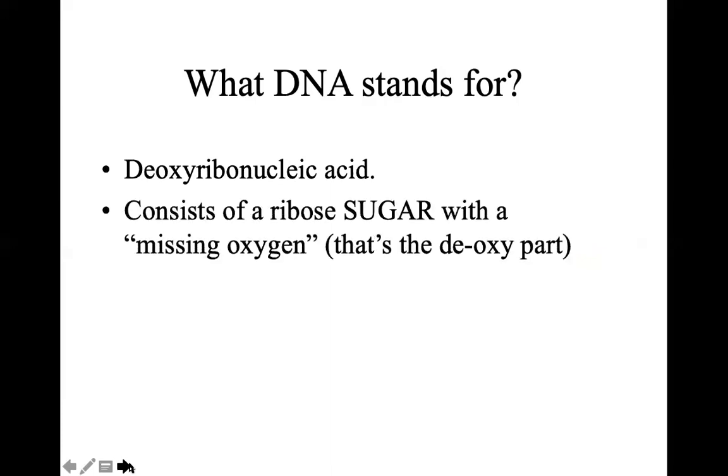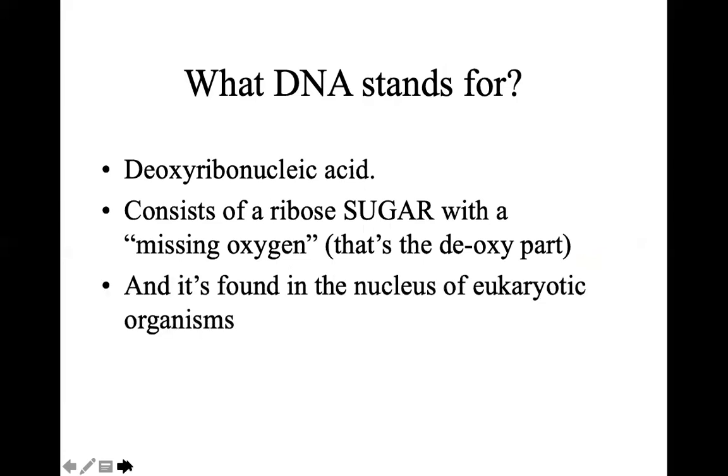Deoxyribonucleic acid consists of a ribose sugar. Later I shall show you how ribose sugar looks. With a missing oxygen, that is deoxy. Deoxy means missing one oxygen in the ribose sugar, and it's found in the nucleus of eukaryotic organisms.